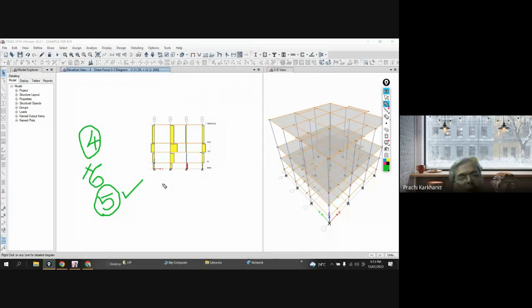G+3 or G+5, we will apply all the loading as per our Indian code IS 875 part 1, part 2, part 3. Then we'll apply the codal provisions of IS 456. Then we'll go for lateral loading, apply static load as well as dynamic load, and finally we'll go for high-rise structure.